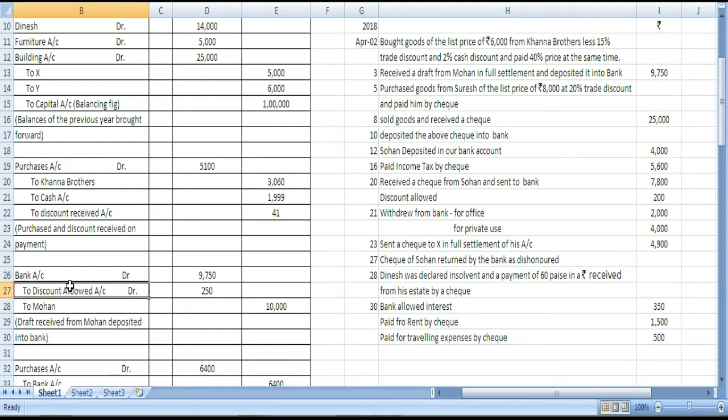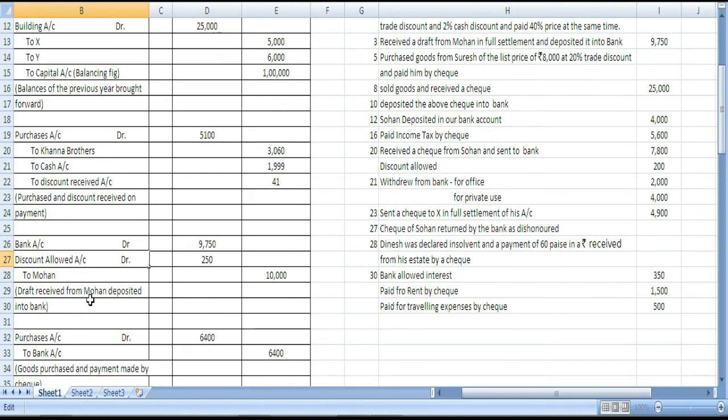Then discount allowed we are debiting because that is our expense, and then to Mohan, Mohan was the giver. So, he was supposed to give 10,000. Now, the narration we wrote here: draft received from Mohan deposited into the bank.